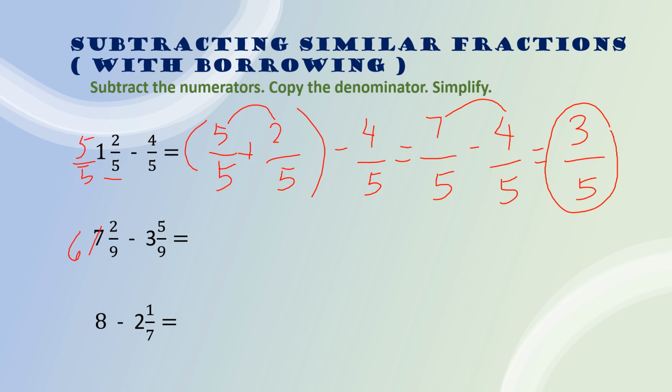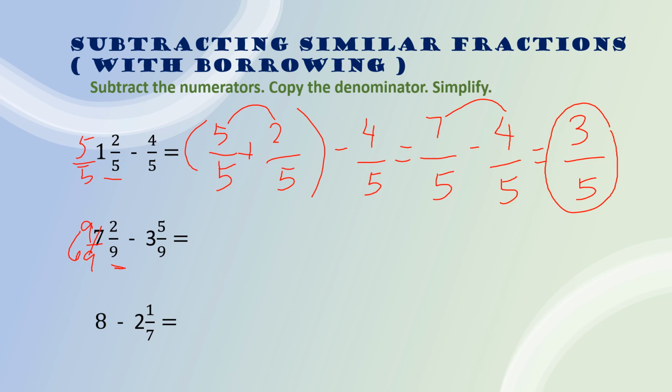When we rename, we follow the denominator. It should be the same numerator and the same denominator. So it's 9/9. So it's like 6 and 9/9. It's still 7, because 9/9 is 1 whole.